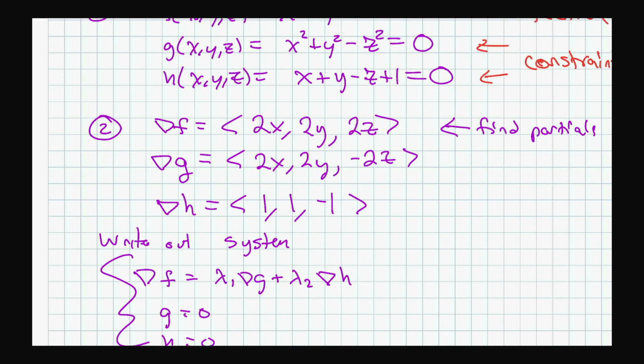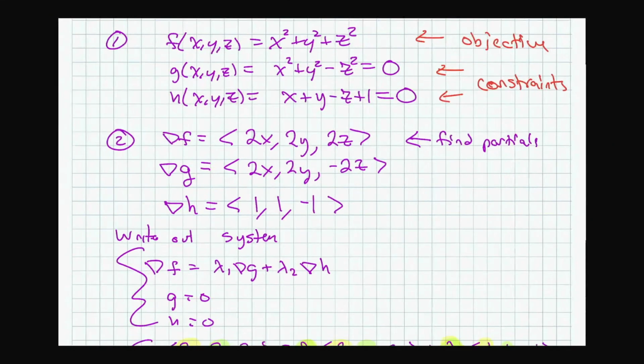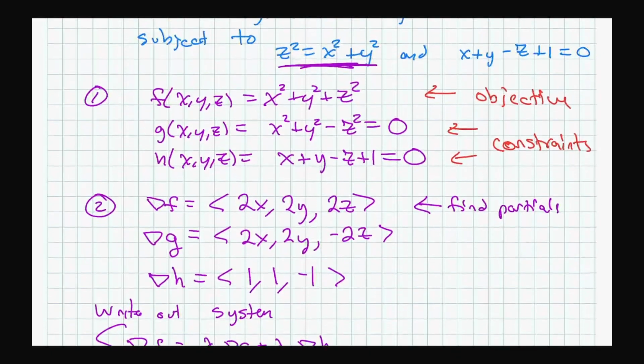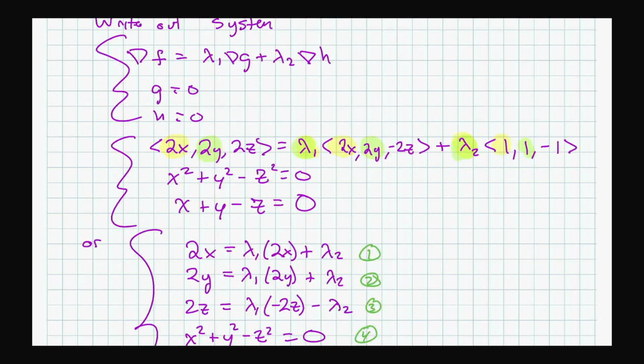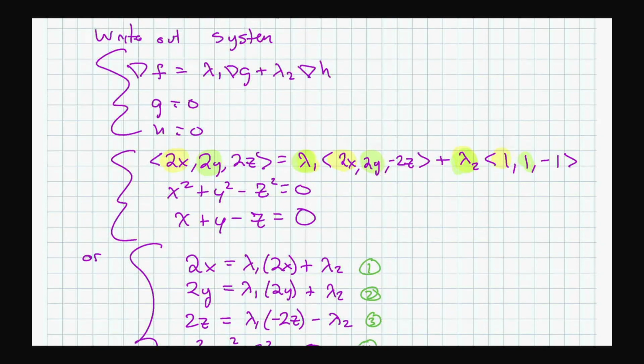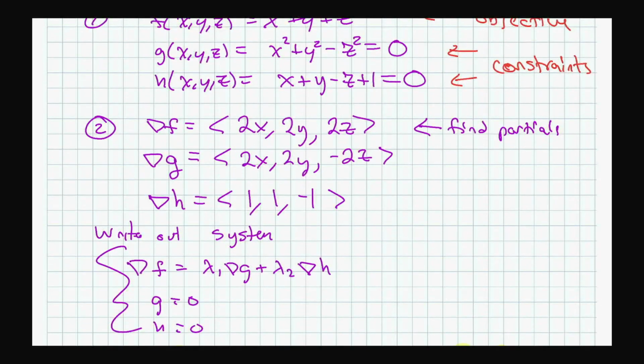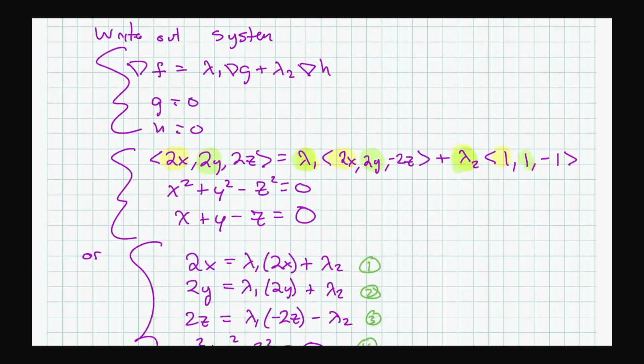Okay, bummer. I made a mistake at the beginning of the problem. H is x plus y minus z plus 1 equals 0. And when I wrote down the system of equations, I wrote x plus y minus z. I left off the plus 1. And that didn't matter anywhere until where we are now.